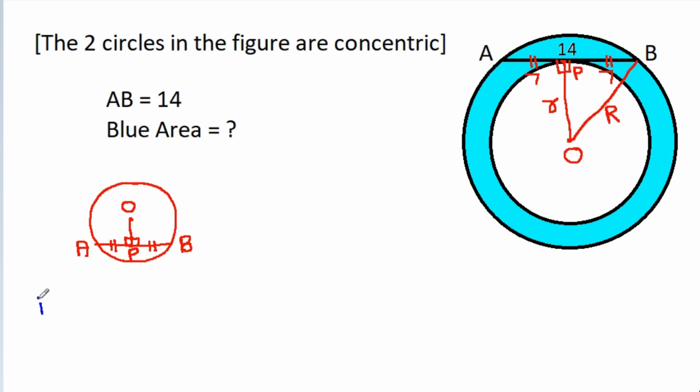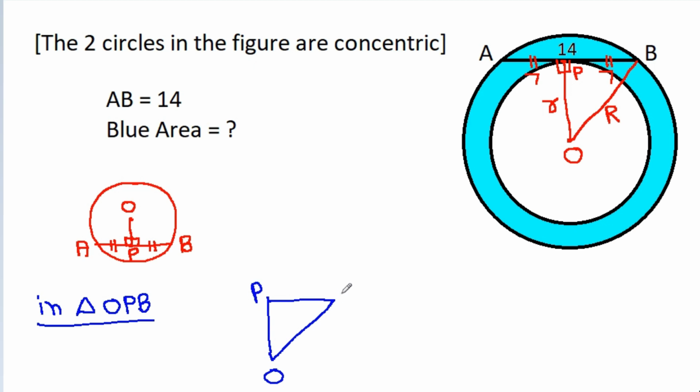And now in triangle OPB, it is O, P, B, OB is capital R, OP is small r, and PB is 7, and this angle is 90 degrees.